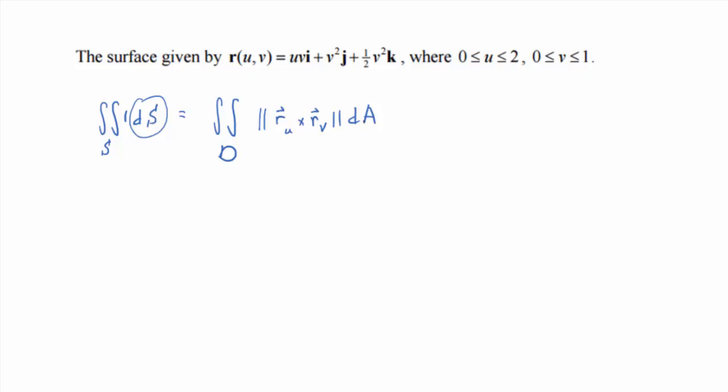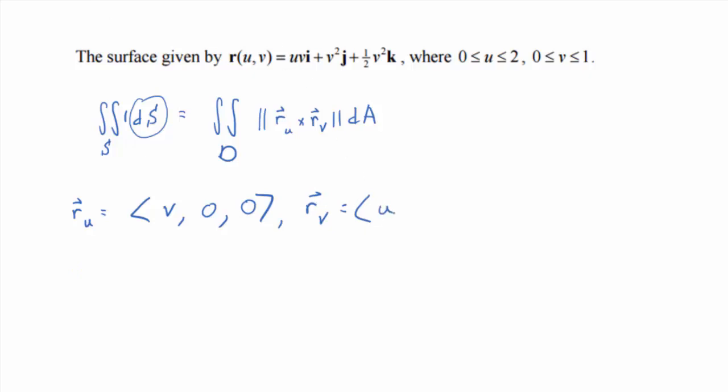Anyway, what does this formula tell you to find? We have to find the derivative of r with respect to u. What is that? Component-wise, v, 0, 0. That's not so bad. And then the derivative of r with respect to v.